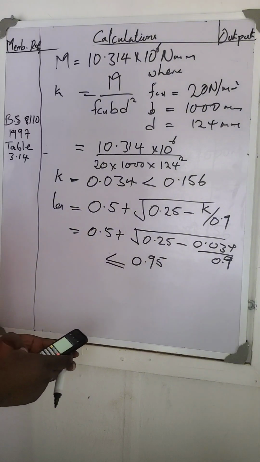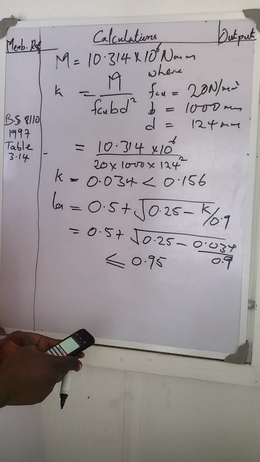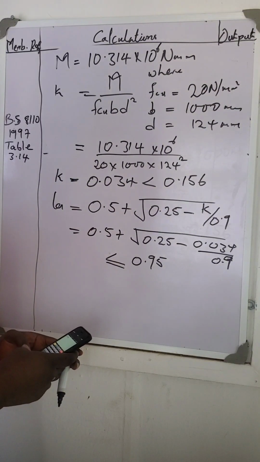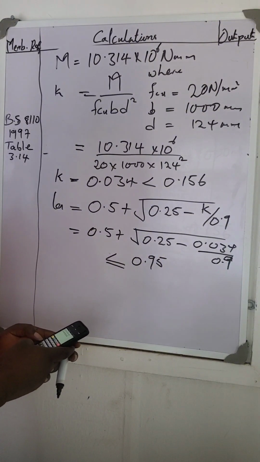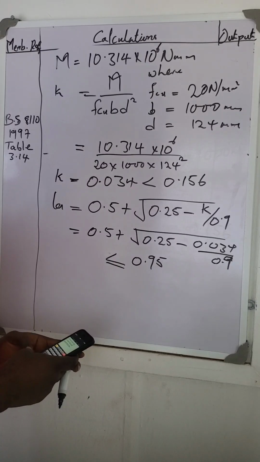We have 0.25 minus 0.034 divided by 0.9, plus 0.5.